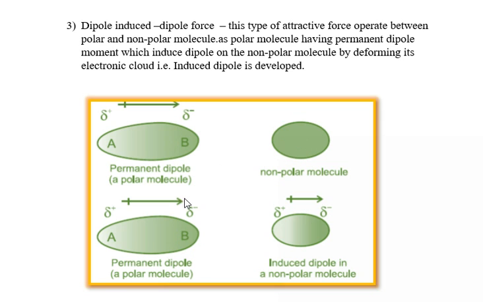Due to the net dipole moment in the polar molecule, it deforms the electron cloud of the adjacent non-polar molecule. It creates an induced dipole in the non-polar molecule. It's called dipole-induced dipole force.